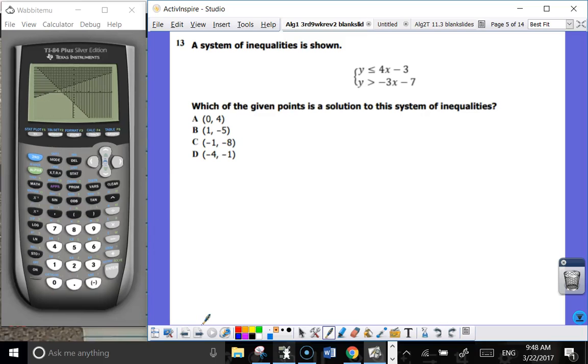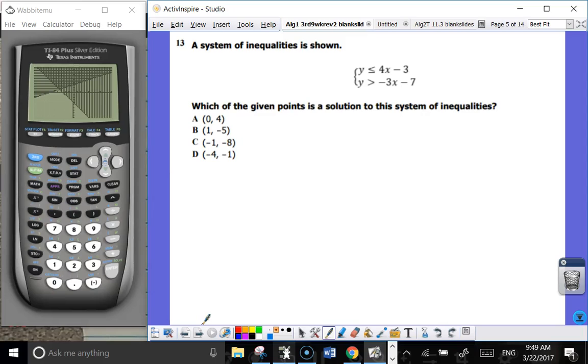We need to move on now. Okay. So you could just plug in. I mean, this is actually what they intend you to do on a problem like this, is just plug in the x value and the y value, see if it leads to a true statement. So 0, 4. That would tell you that 4 is less than or equal to -3. So it's not that one.